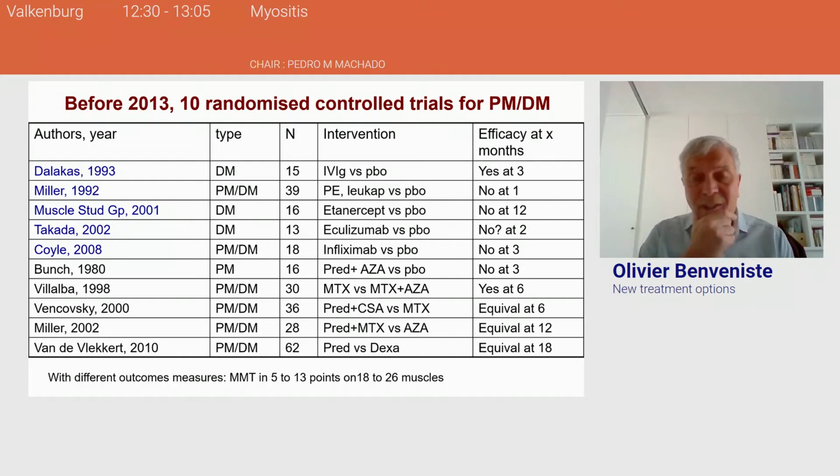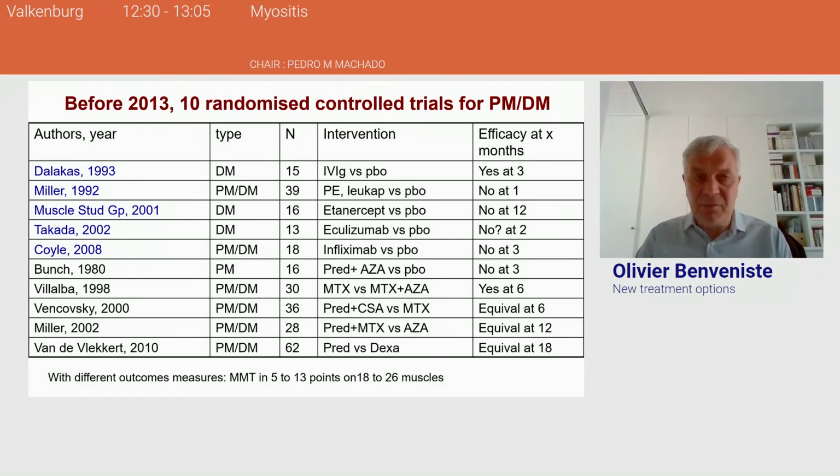So coming back to the main purpose of this topic, which is the treatment of myositis, we have to look in the literature. Before 2013, only 10 randomized controlled trials were performed for what we call idiopathic polymyositis and dermatomyositis.